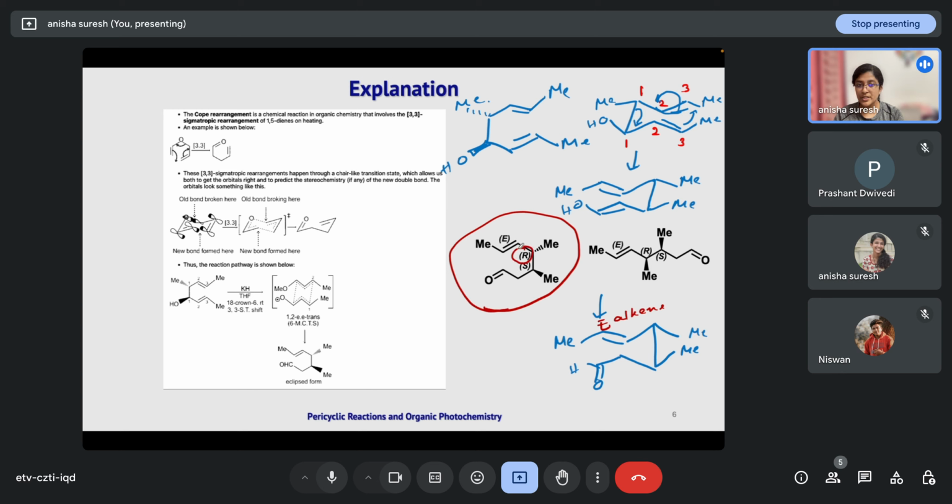So here the configuration is R, and here the configuration is S. So according to the answers that we are given, if we redraw the structure, it will come like this: E, R, and S. So in the final answer, whichever is given to us, both methyl groups will be beta. We are just rotating this now. That is why this methyl group is coming above the plane. Fine.